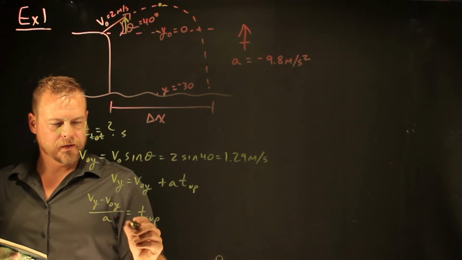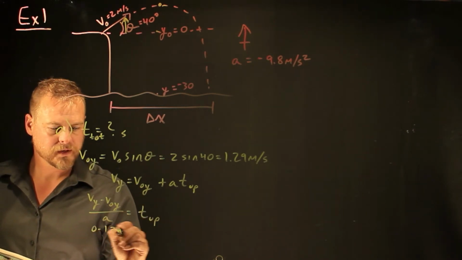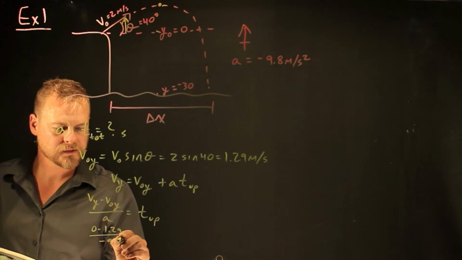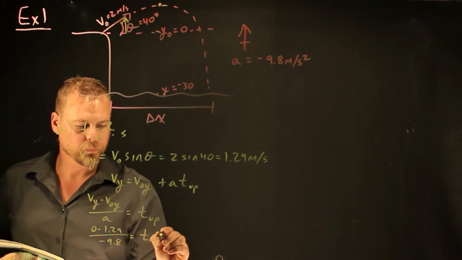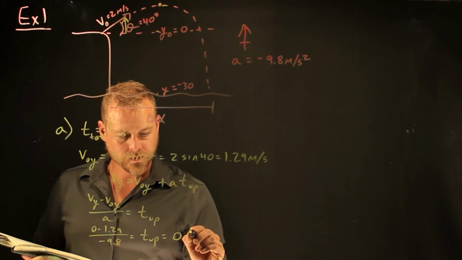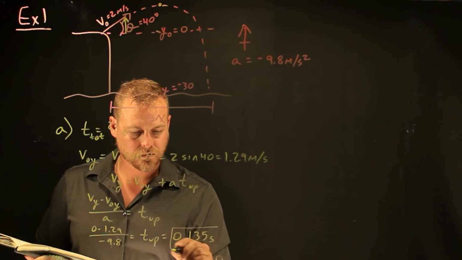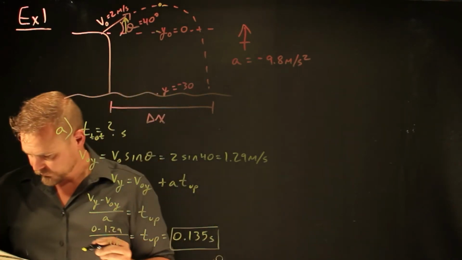And so when I plug in this information, I have 0 minus 1.29 over negative 9.8, t up, which is equal to a very small 0.135 seconds, and we'll use that later.